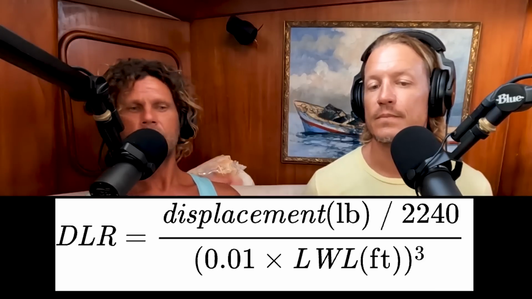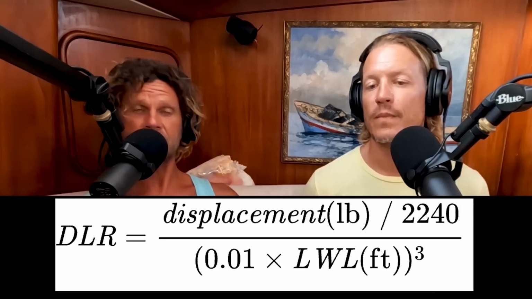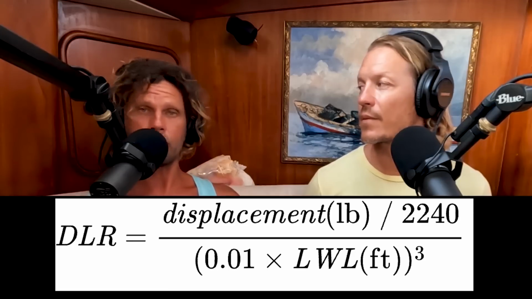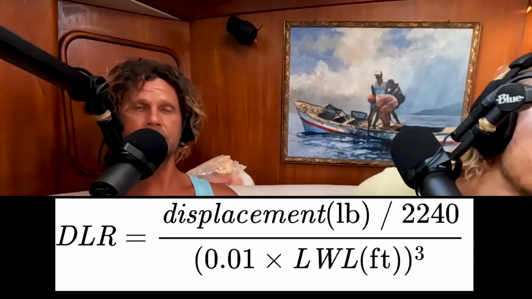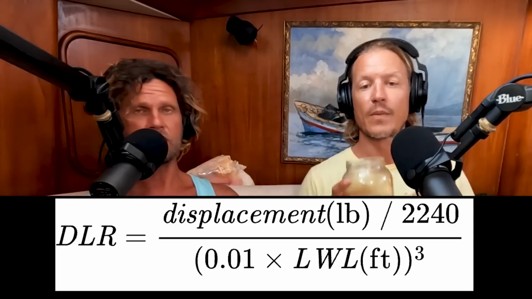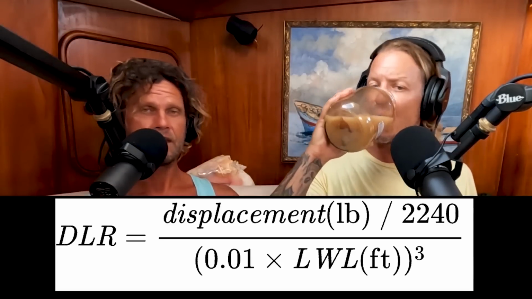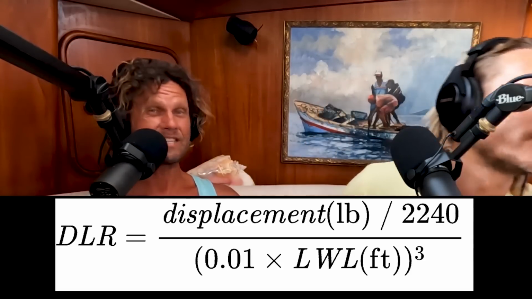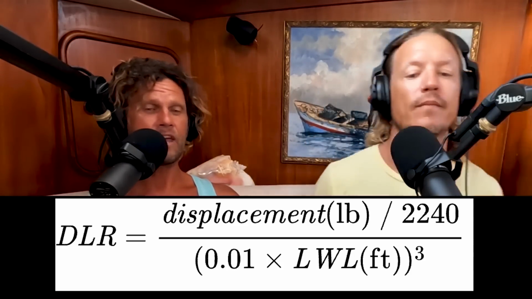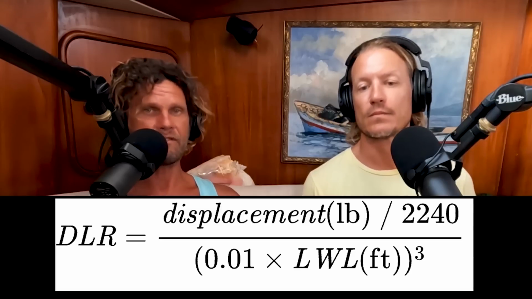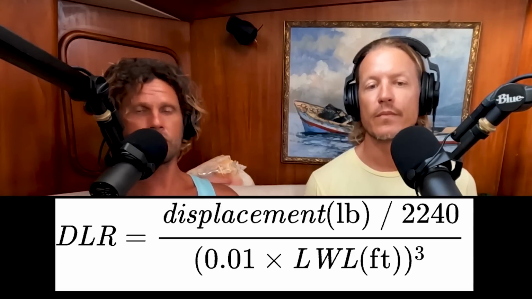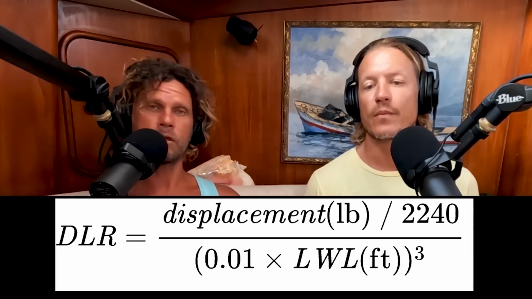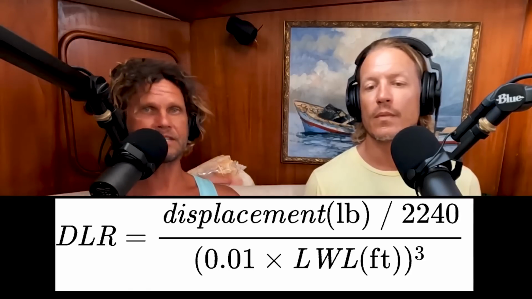This formula is a dimensionless number. Displacement can be in the units foot cubed. If you divide it just by length along the waterline, which is in feet, you'd have foot squared left over. So that's why they've cubed the bottom. When you've got foot cubed on the top over foot cubed on the bottom, they cancel and it becomes a dimensionless number.